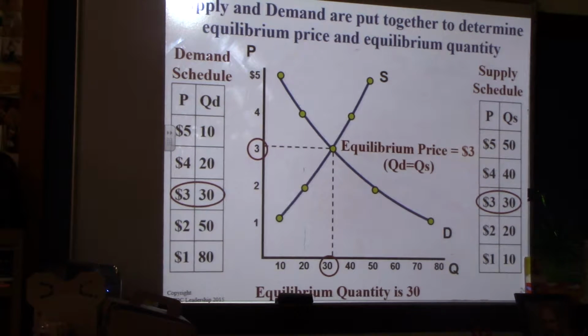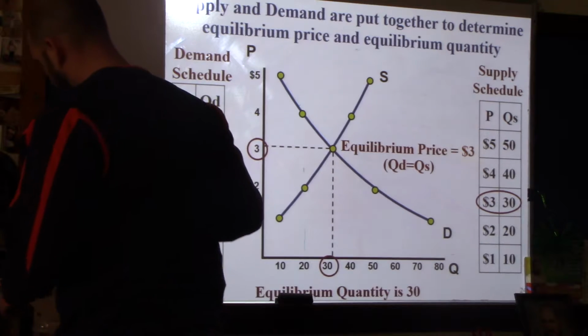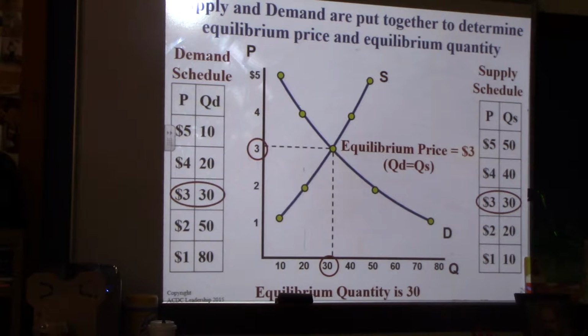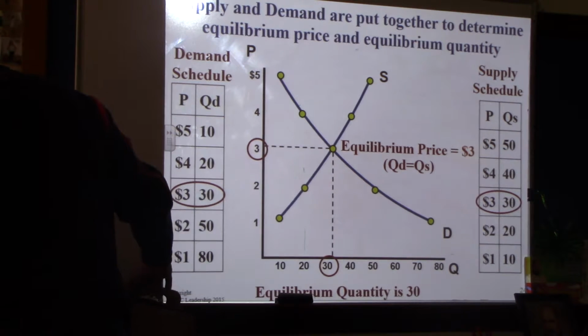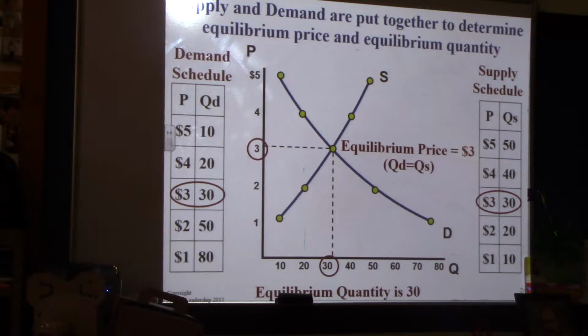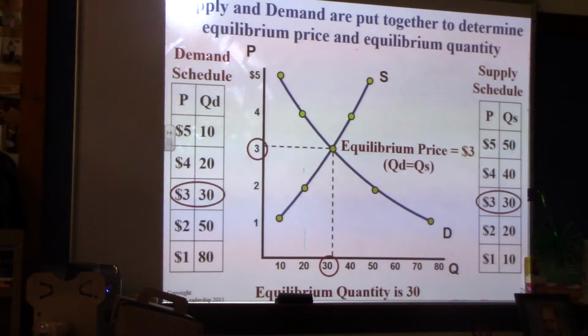It's a real simple, easy way to remember equilibrium: where quantity supplied and quantity demanded are equal to each other. So, you guys got this down?